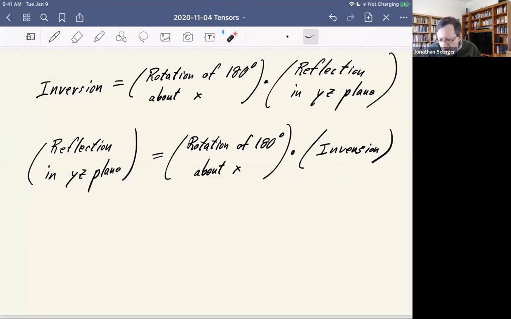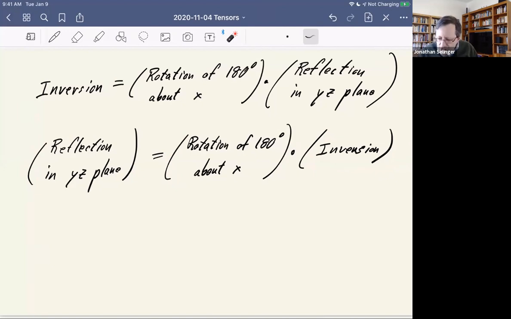And then you only have one change over there. So if you want to know what a reflection does to some object, you have to think about what an inversion does to the object and what the rotation does to the object. And if you combine those two things, you can put together what happens to any object under a reflection.